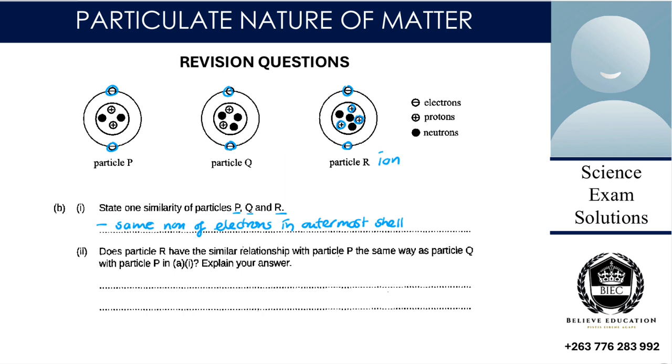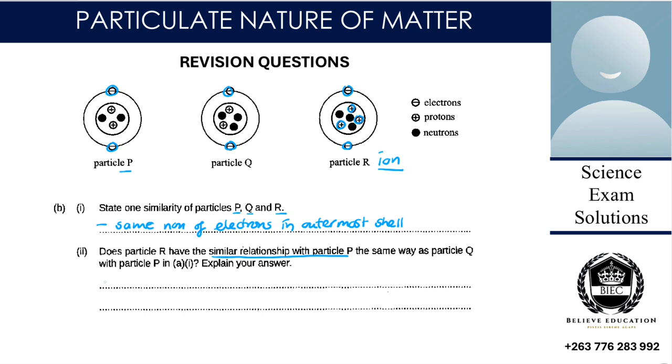Then, does particle R have a similar relationship with particle P? R is an ion, P is an atom. So we would say that they don't have the same relationship.